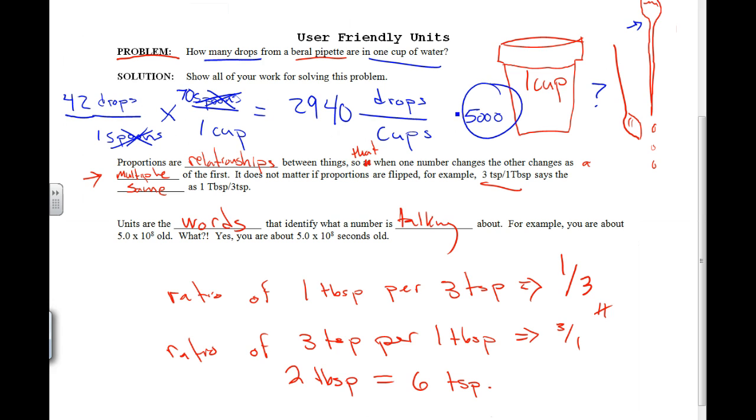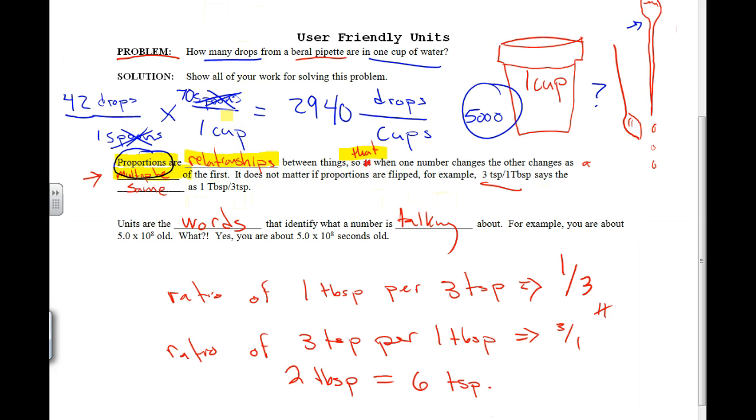So this activity, once again, introduces us to this idea of the proportion. You know, I have a highlighter. Maybe I should use that for once. The idea of the proportion. All right, they are relationships between things, so that when one number changes, the other one changes as a multiple of the first.